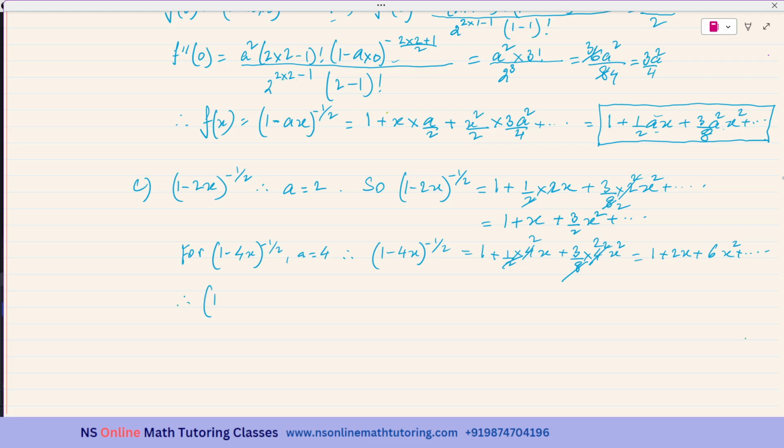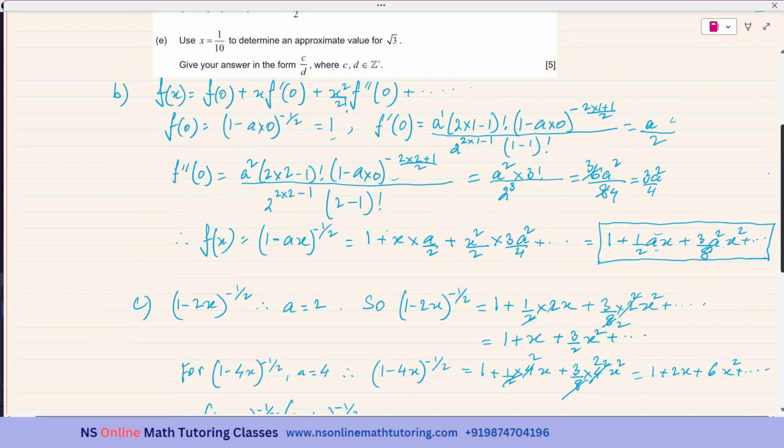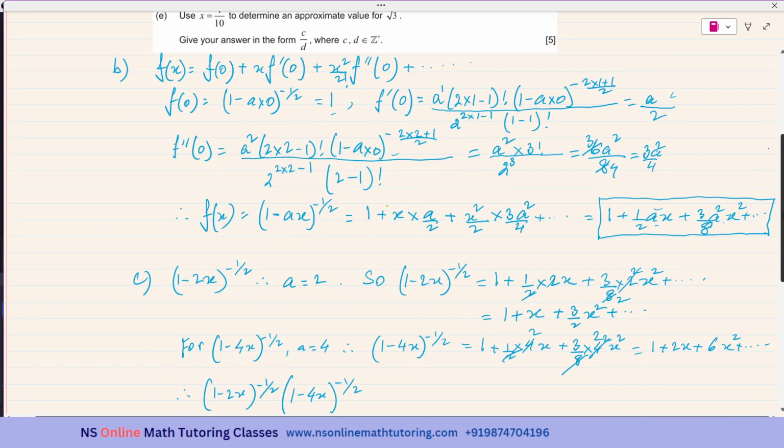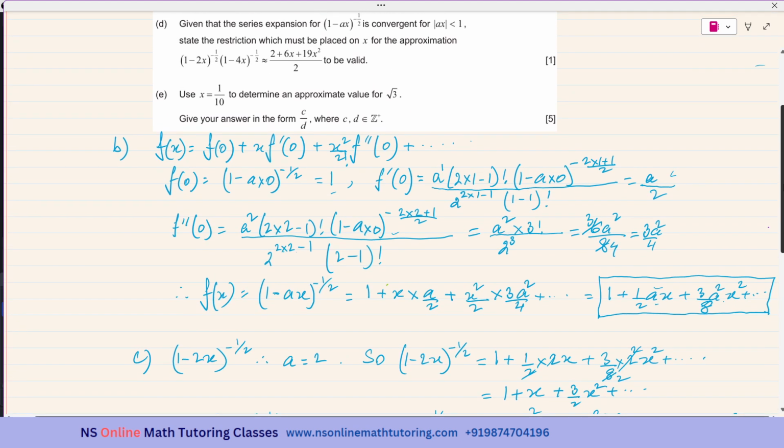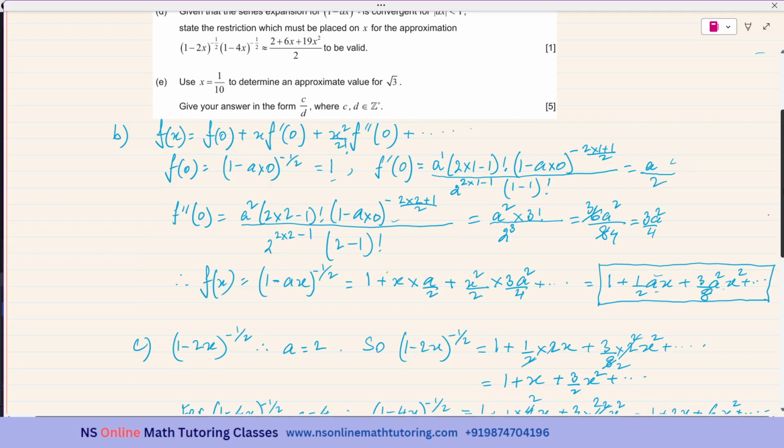Therefore, 1 minus 2x raised to the power of negative half times 1 minus 4x raised to the power of negative half. Let me see what they have given. Okay, there is a denominator of 2.